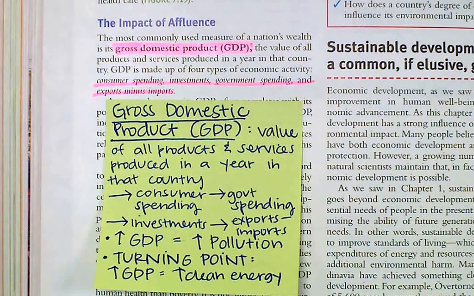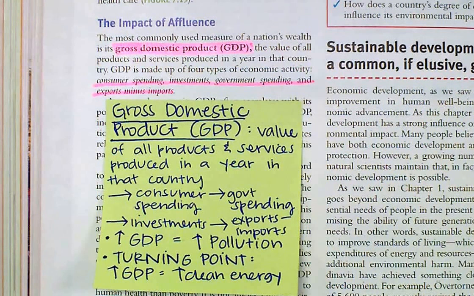But then they've noticed a turning point in GDP where you hit a certain higher GDP. Once you hit that turning point, you have more money and more research for investing in things like clean energy and using your technology to burn fossil fuels more cleanly and efficiently. So your pollution goes up and then comes back down.